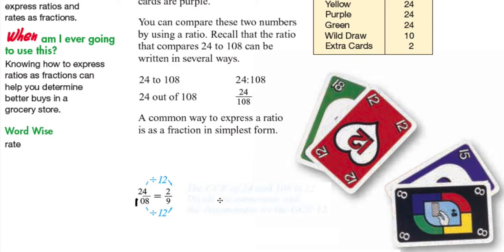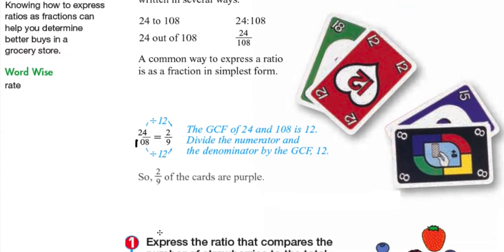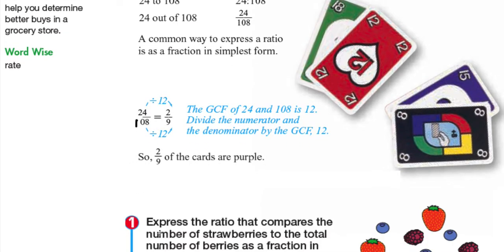Again, the GCF of 24 and 108 is 12, and then we simply divide the numerator and denominator by the GCF. So in this case, 2/9 of the cards are purple. So the ratio can also be expressed as 2 to 9, 2 colon 9, and 2 out of 9.